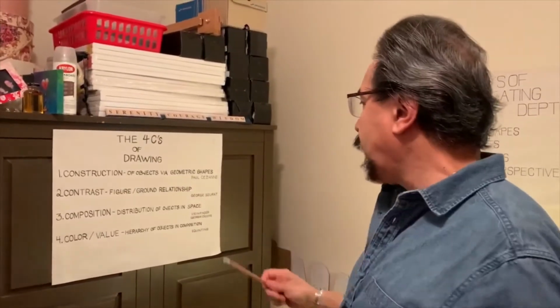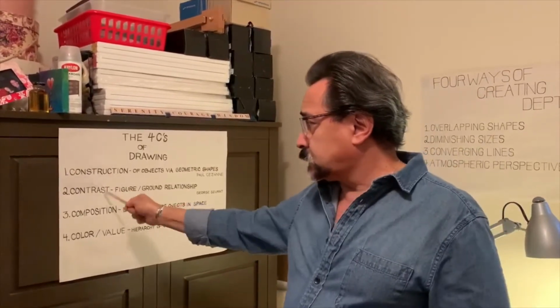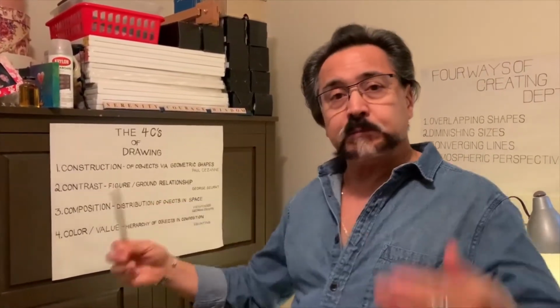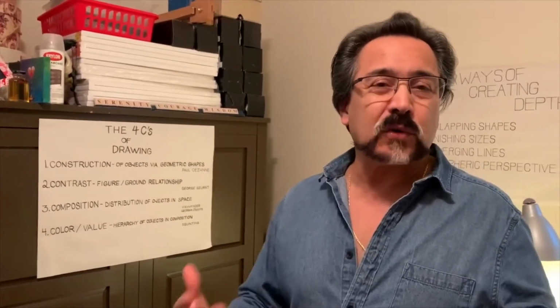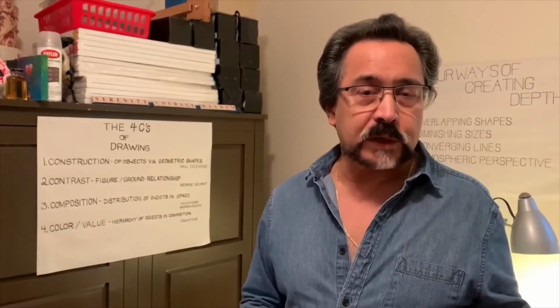Okay? Now, the stronger the contrast between background and figure, the stronger the drawing. The weaker the contrast of the figure with its background, the softer or lighter or simpler, smoother, let's say just more subtle, the drawing.